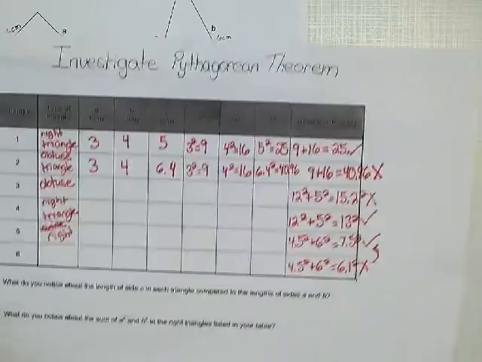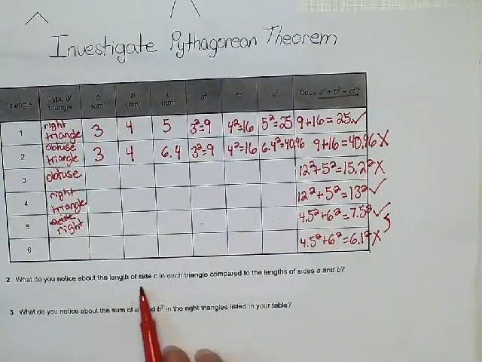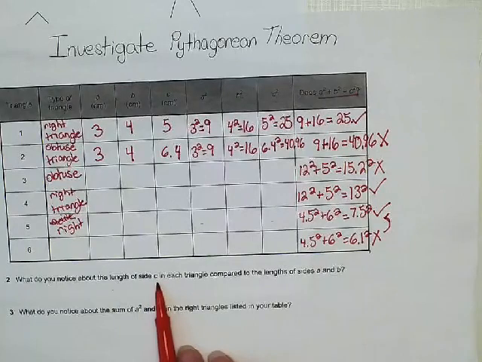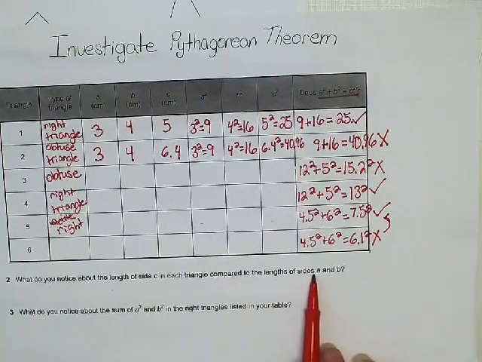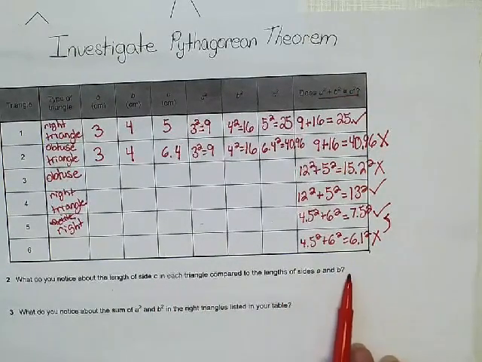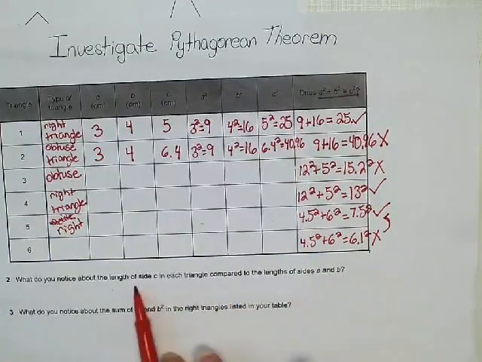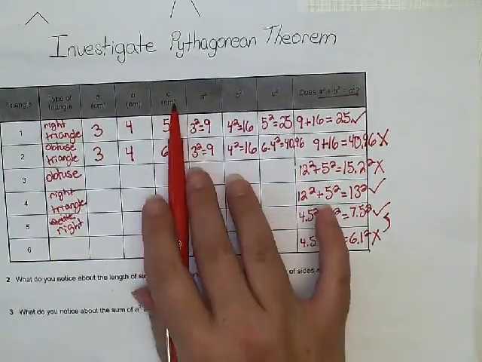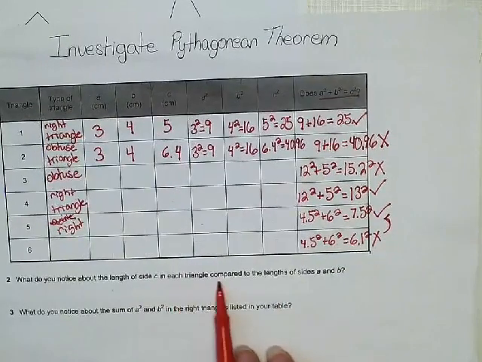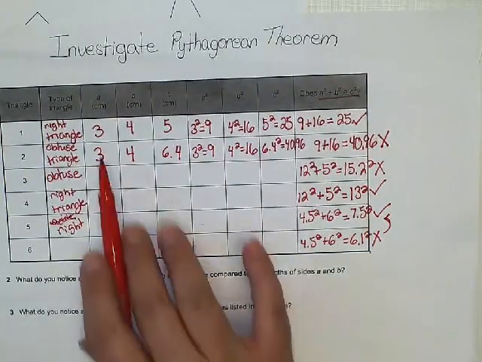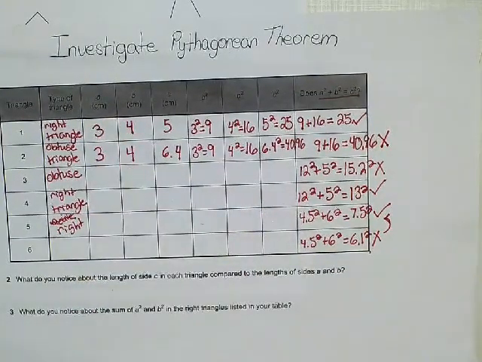So the question asks, what do you notice about the length of the sides C in each triangle compared to the lengths of the sides A and B? So here's C. Go ahead and write your response.